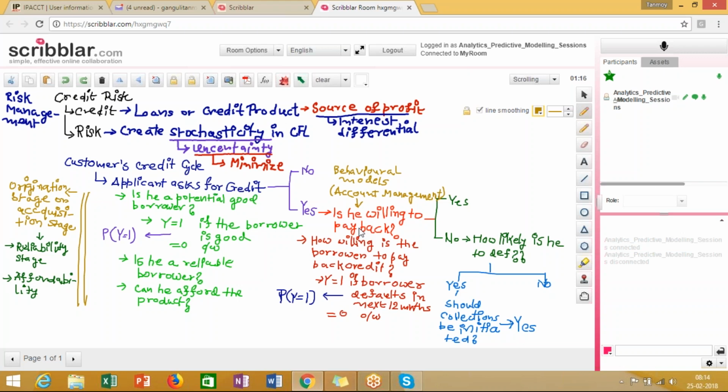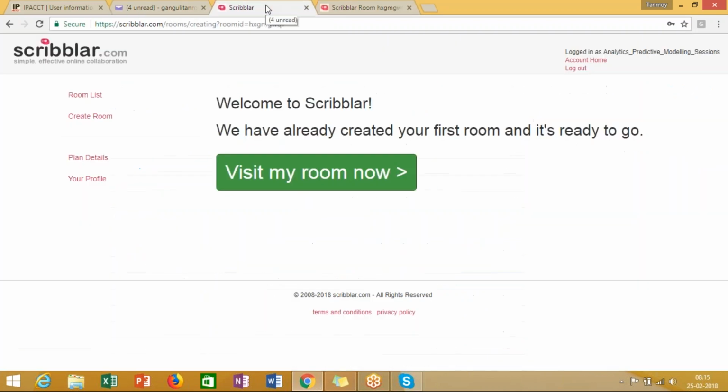From there, we try to understand how good or how bad a particular borrower is. Based on his chances of being a good or a bad borrower, we decide whether to give him a credit limit increase or not, and how to manage this particular account, right? So this is the reason why.